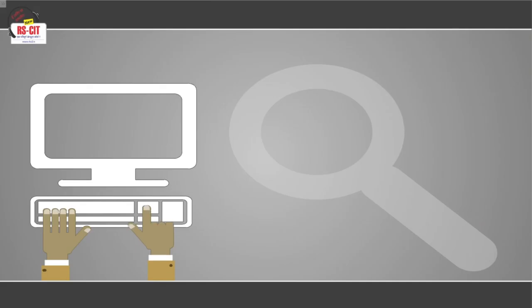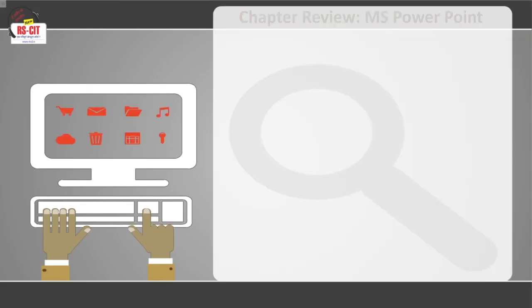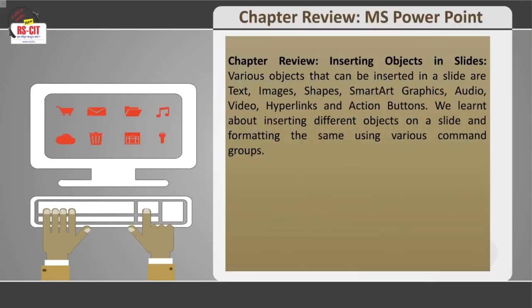Chapter Review. Inserting objects in slides. Various objects that can be inserted in a slide are text, images, shapes, smart art graphics, audio, video, hyperlinks and action buttons. We learnt about inserting different objects on a slide and formatting the same using the various command groups.